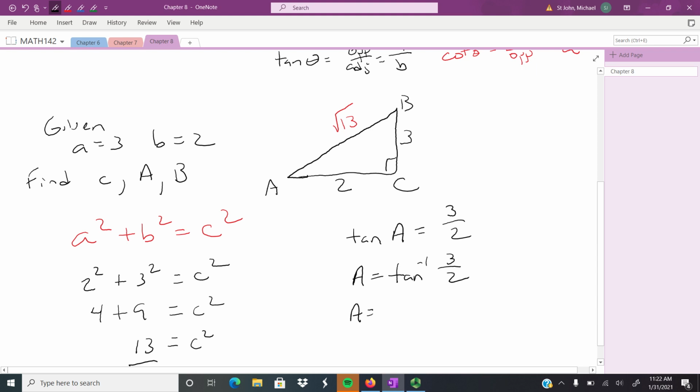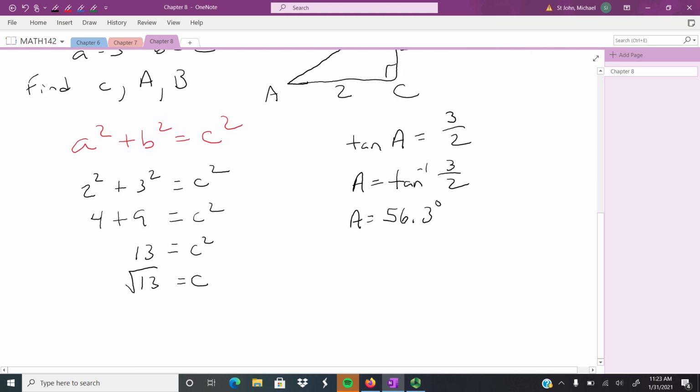And so you could plug that in on your calculator. You should see right above your sine, cosine, and tangent buttons where there's a sine -1, cosine -1, tan -1. And that's what we use when we want to find the angle. And so here, this will come out to be 56.3 degrees.